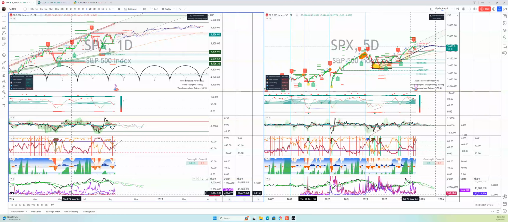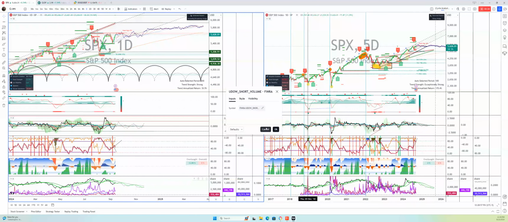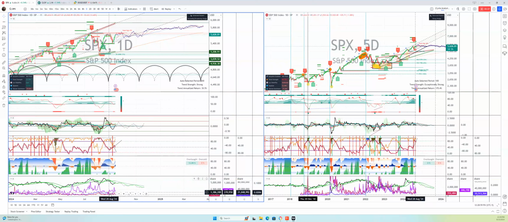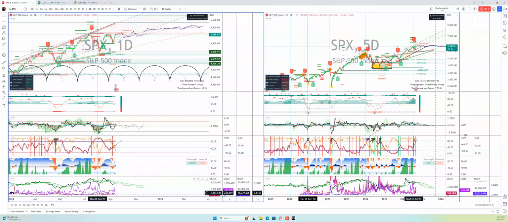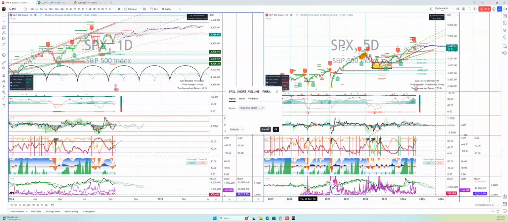All right. So I believe this is the Dow. Yeah, it's the Dow. The blue one is going to be Nasdaq, and the red one is going to be the S&P.